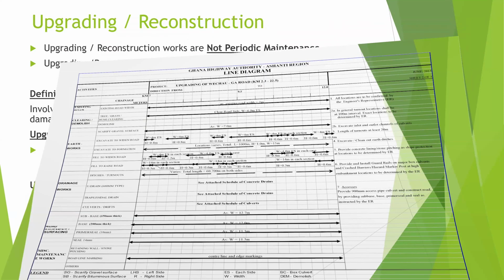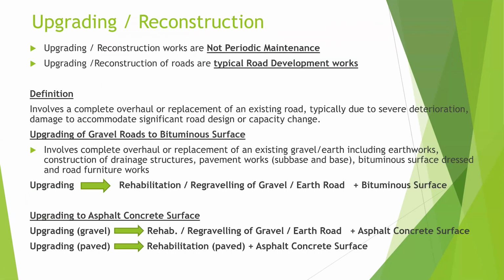Now, I want to take this, although upgrading and reconstruction, these are not periodic maintenance activities. They are typical road development works. I'm talking about this because most of our projects that we are awarding fall under these categories, upgrading and reconstruction.